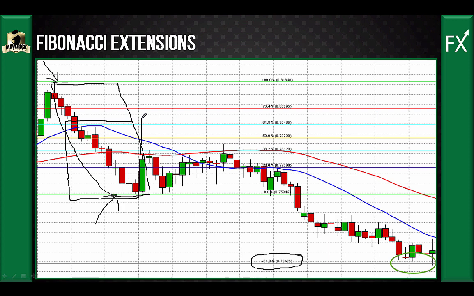There's a smaller rectangle and a larger rectangle. It's the big rectangle size projected on the downside, okay? Equal distance from 61.8% to 0 is from 0 to negative 61.8. Those are equal distance moves, okay?